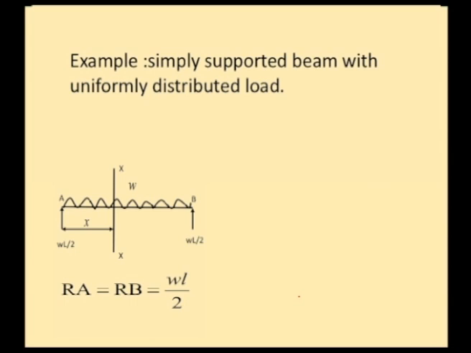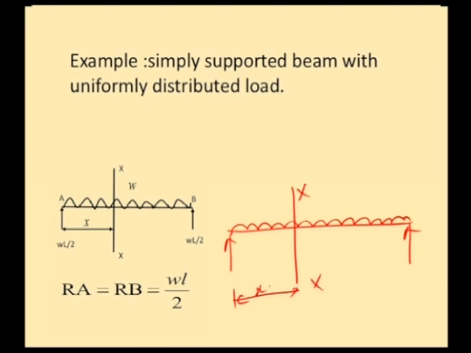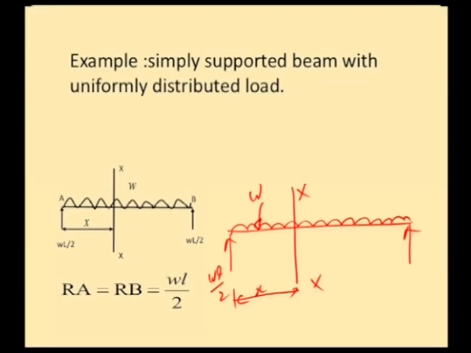Then M x x, the bending moment at x x. Say we have a simply supported beam subjected to a uniformly distributed load, we have section x x and this distance is x, this reaction is W L by 2, the load is W. So, the bending moment at x x will be equal to W L by 2 into x, that is the moment produced by the reaction W L by 2 about x x, and the moment produced by the UDL will be W into x, the total load, and the distance will be x by 2, because the resultant will act at a distance of x by 2 from the section.